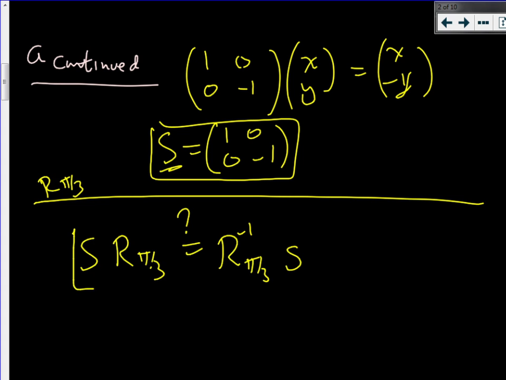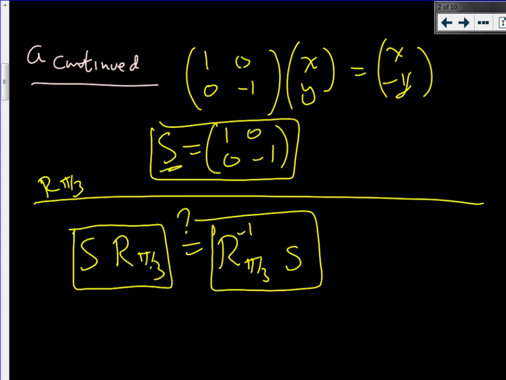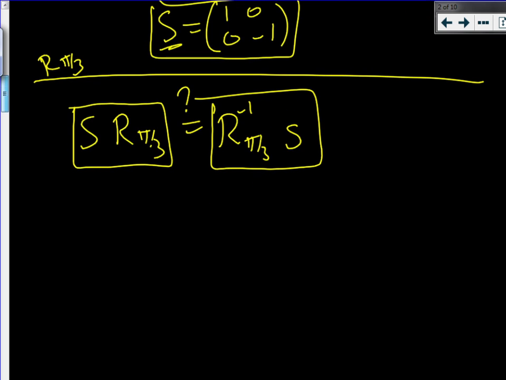So I'm going to compute this, I'm going to compute that, and I'm going to say, hey, everyone, look, they're the same answer. Okay, now S is this.